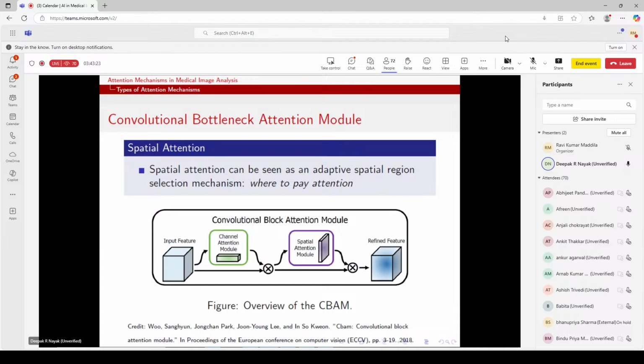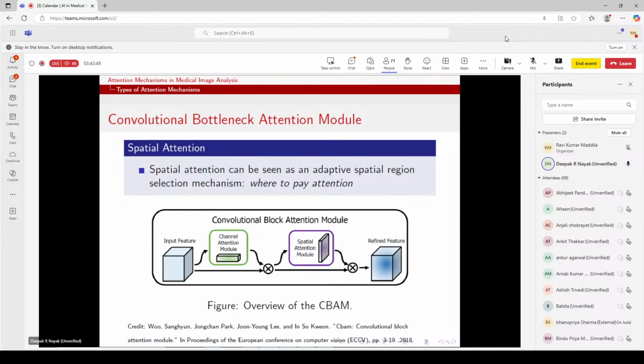I've just talked about the importance of channel attention. As I mentioned, in every feature map you can choose which channels need to be highlighted and which channels need to be suppressed. Similarly, within each channel, you can also check which positions are very important. Why is it called adaptive selection?